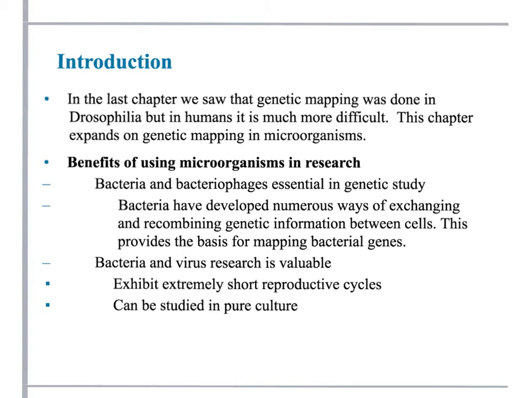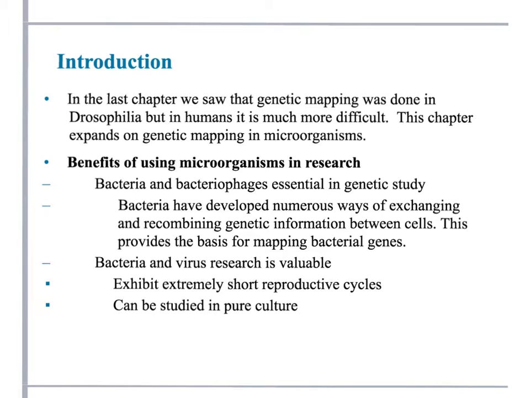So here basically, by way of introduction again, we saw in the last chapter that genetic mapping was done extensively in the fruit flies, but in humans it was a lot more difficult. And even though chapter 5 didn't mention the computer applications for sequencing the genome, that's really where we are today.